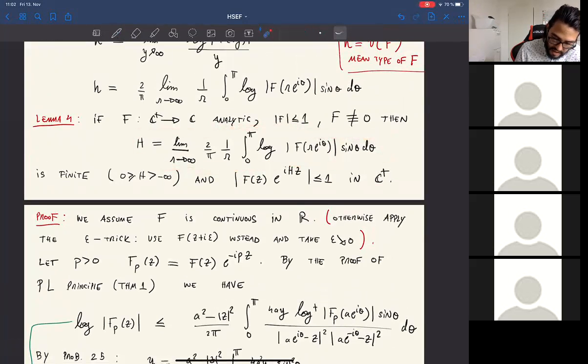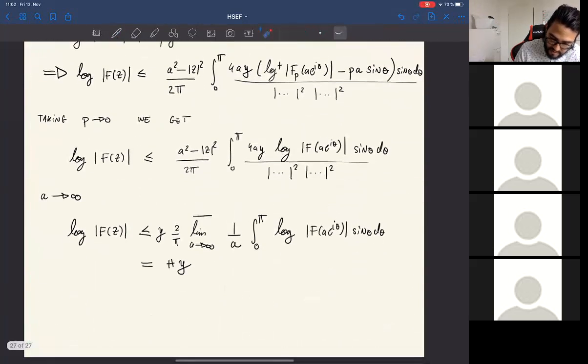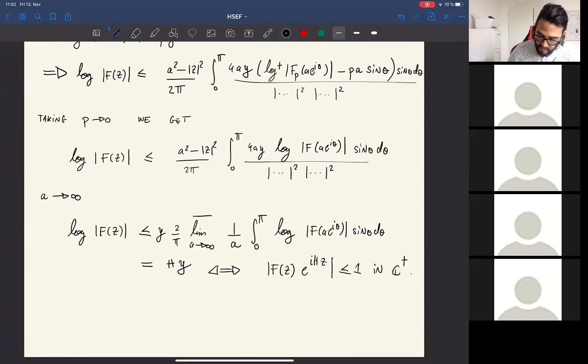So we just showed that the h is indeed finite, and moreover, we just showed that this inequality holds, but this inequality is exactly equivalent to saying this, because once you take the logs, you see that this inequality here is exactly this one here.